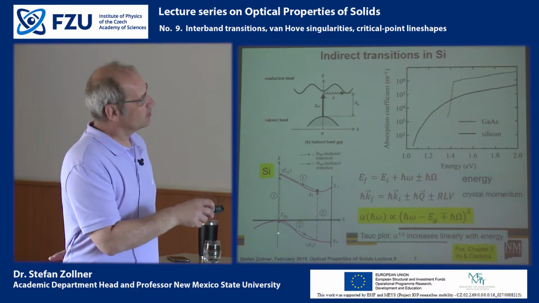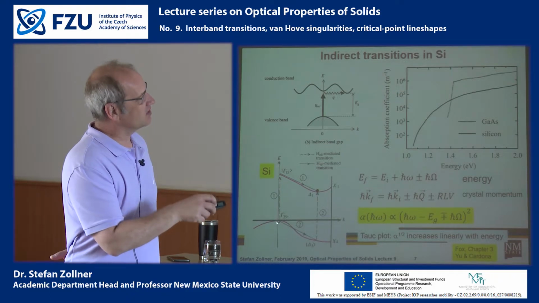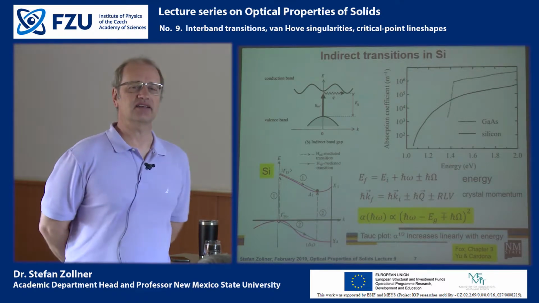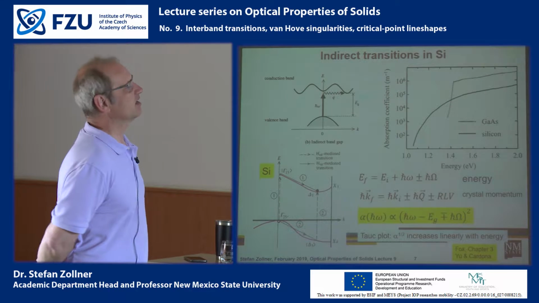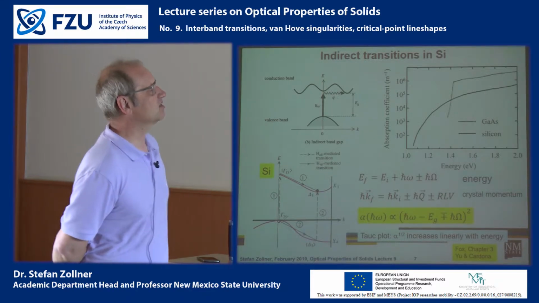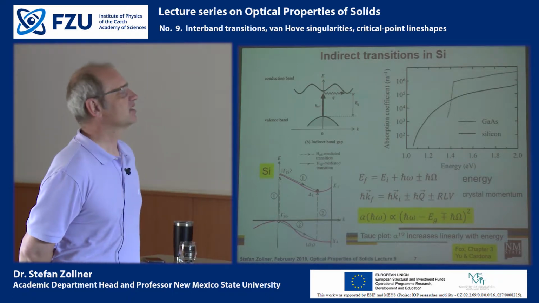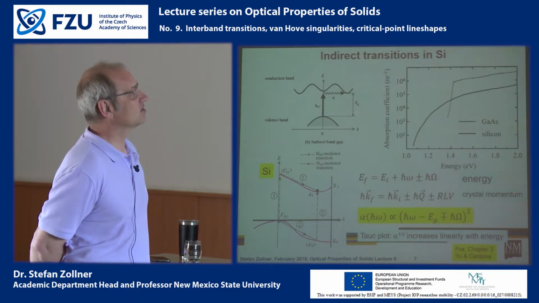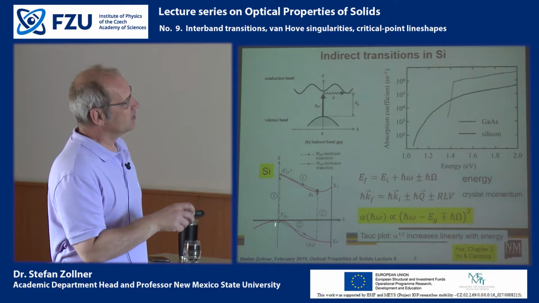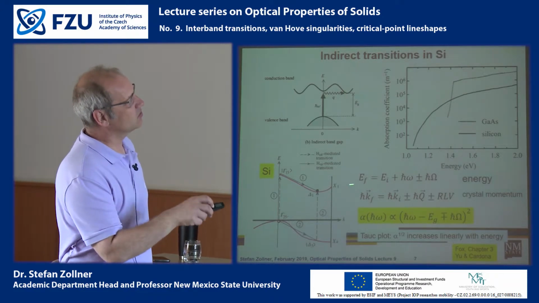And for silicon, both of these processes, the electron pathway and the hole pathway, have about the same energy denominator, and therefore both of these processes are possible for silicon. But when we go to germanium, we'll see that this will be different. So the entire process needs to conserve energy.